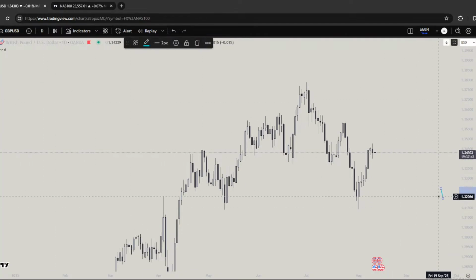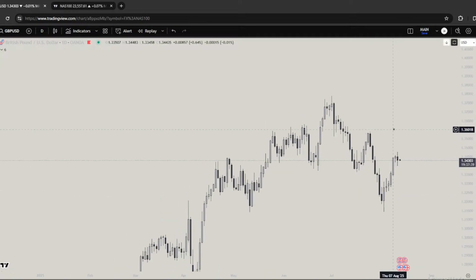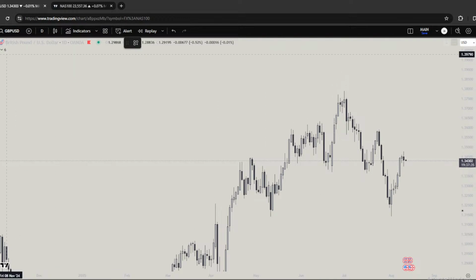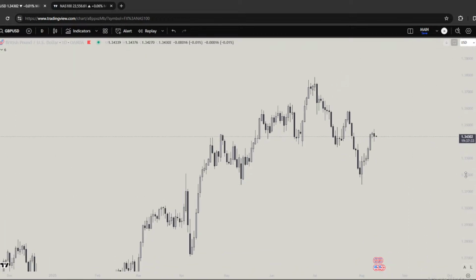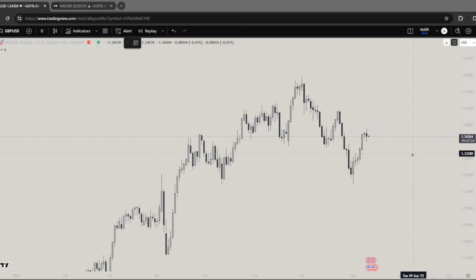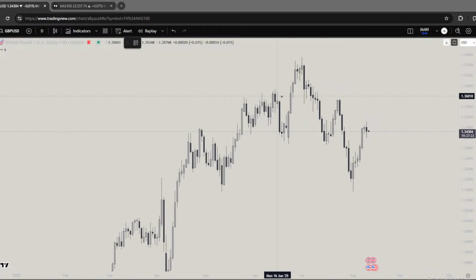Just let them sit and do what they do for the week, because I'm not seeing anything that's really throwing me off. I'm still seeing the same setups I was seeing.